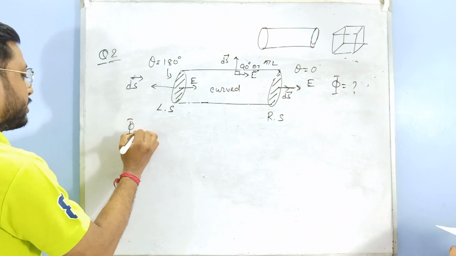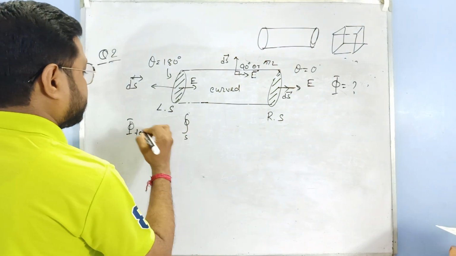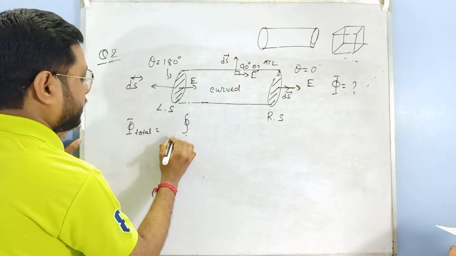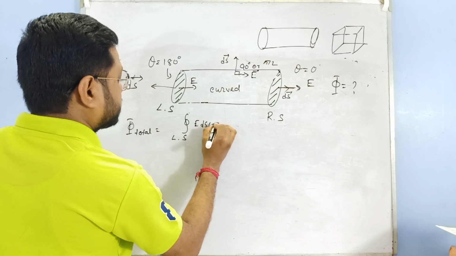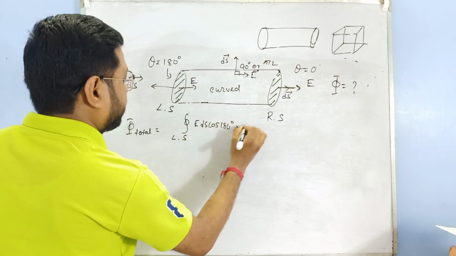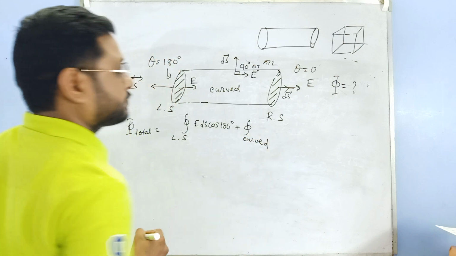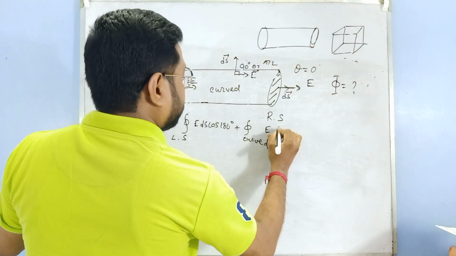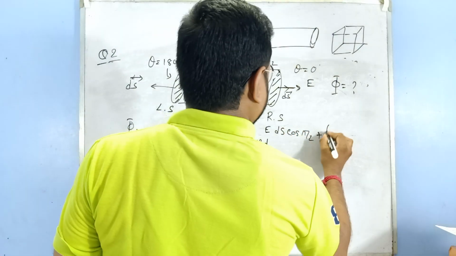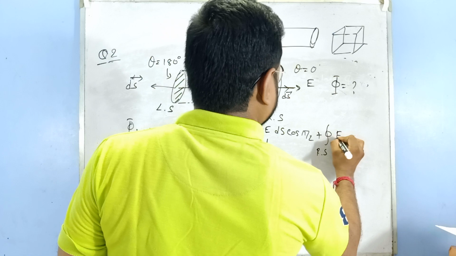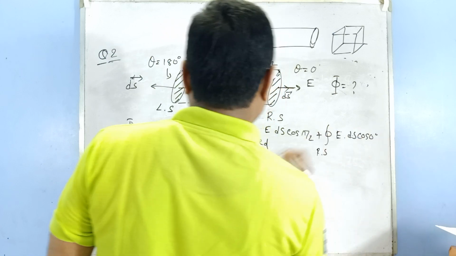Now we get the total phi as the integration over the left surface of E ds cos 180, plus the integration over the curved surface of E ds cos pi by 2, plus the integration over the right surface of E ds cos 0.